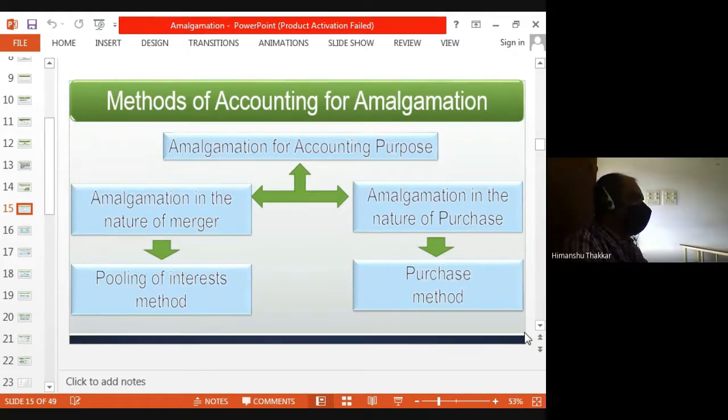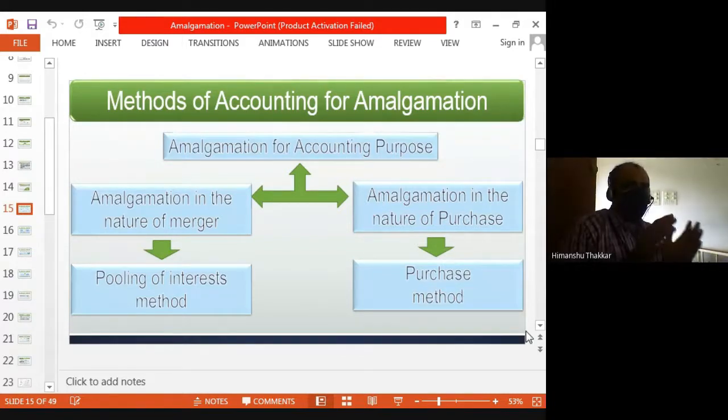If I want to separate now A Limited's water and B Limited's water, can I do that? Is it possible? No, it's not possible. So that is why in merger we use this method. What we do basically is just pool it together.